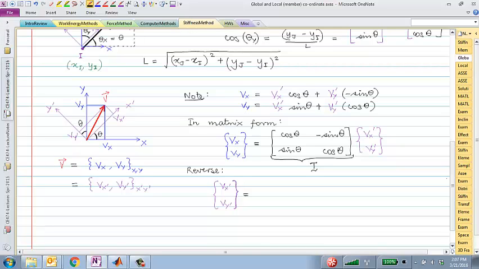And the inverse of this matrix, anybody knows what that is? So this is a special kind of matrix that's called an orthogonal matrix. For orthogonal matrices, the inverse of a matrix is its transpose, right? Because this matrix, by the way, what's the determinant of this matrix?